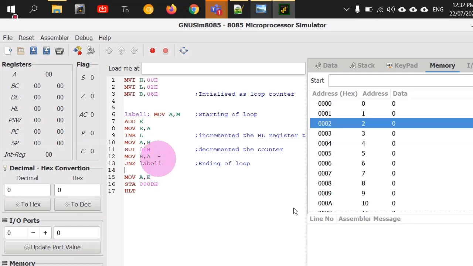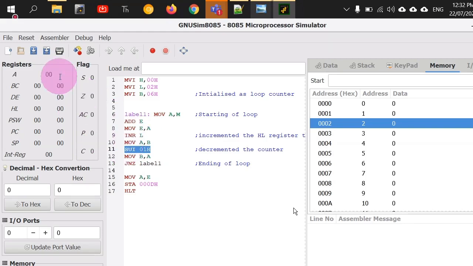Whenever the jump not 0 command is executed, it will just look at the previously executed statement. What is the previously executed or calculated statement? Is it move B comma A or is it SUI 01H? SUI 01H. Yes, so it will just look for the previously calculated command which happens to be SUI 01H, because this zero flag will be set only when the result of this execution is there.